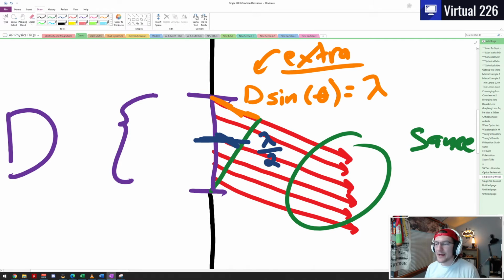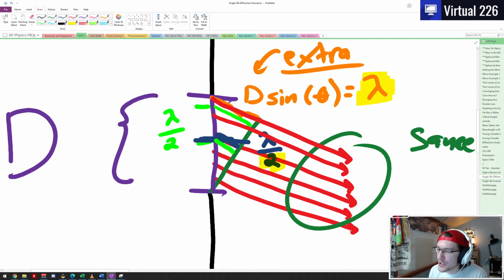Well, the reason why this matters is because if at the top in orange we have a full wavelength shift, but halfway we only have a lambda over 2, this implies that if I go down a little bit here and a little bit from here, these shifts on the green are also going to be a difference of lambda over 2, just like the shift between the orange and the blue was lambda over 2.